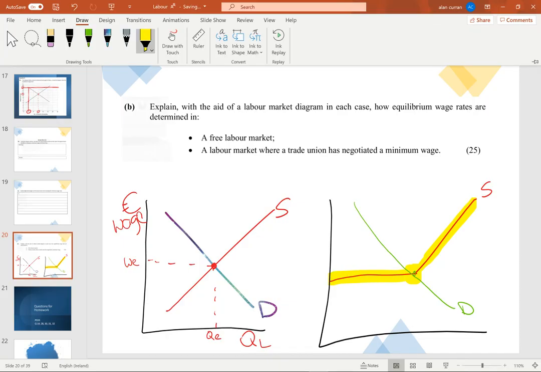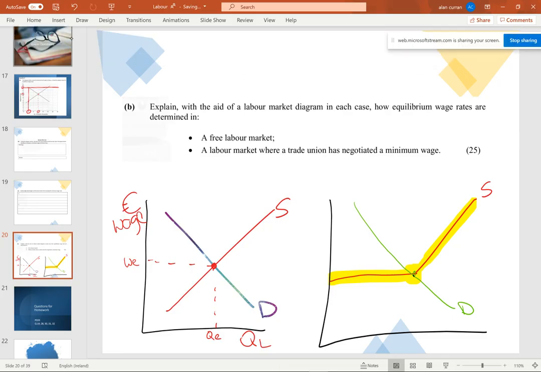So in essence, this right here is the equilibrium point, and that is QE. And that's our labor market where the trade union has negotiated a minimum wage. There's our minimum wage coming straight across, but some people are paid in excess of minimum wages. Now, have I forgotten anything? Of course I have. Well done for pointing it out. We have a wage here, and we have our quantity of labor here. Okay, that's it. And they're the only questions on labor on this particular section.